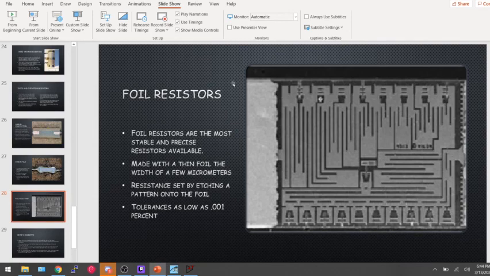Now, this is what a foil resistor looks like. A foil resistor is the most stable and accurate type available. It's made with a thin foil the width of a few micrometers. Resistance is actually set in these by etching a specific pattern and guiding the current through it, which I thought was pretty neat.